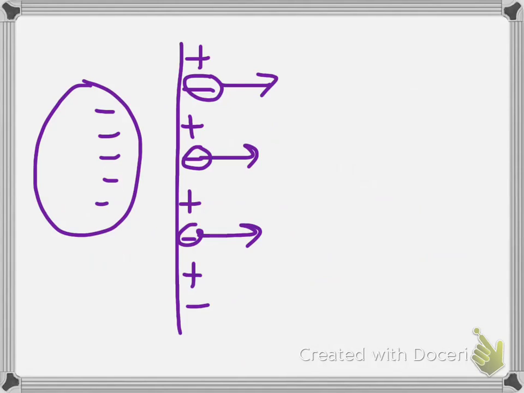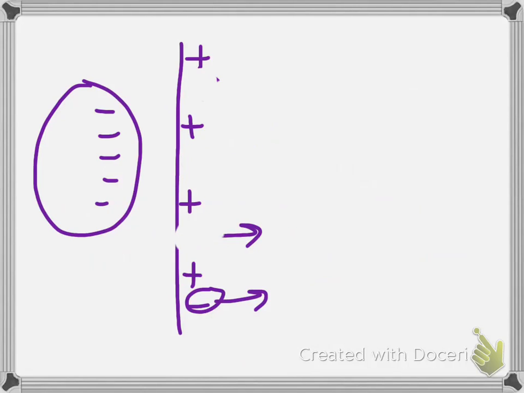Now, as those electrons move backwards, you're left with just the positive charges at the front of the wall. The electron is now back further in the wall. So that makes that wall surface positively charged briefly. As soon as you move that balloon away, then those electrons come back home and they make that object neutral again. So neutral objects are attracted to any charged object.